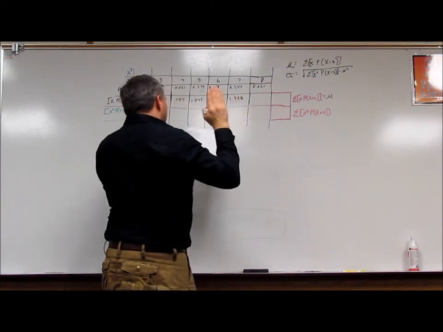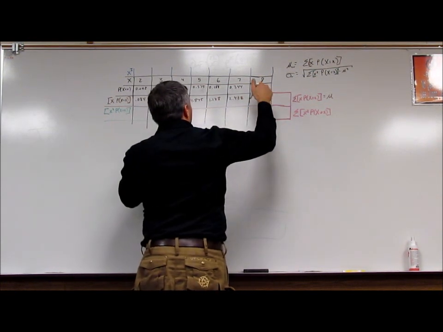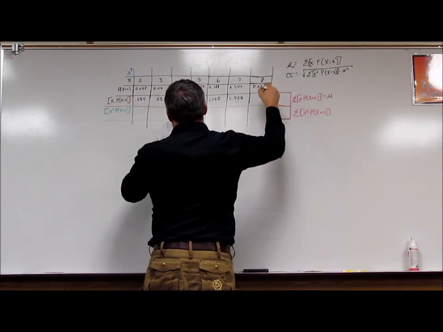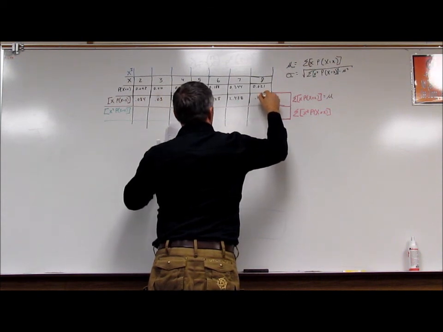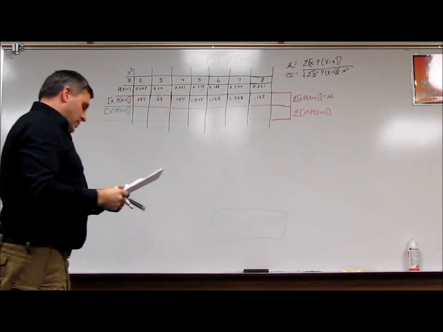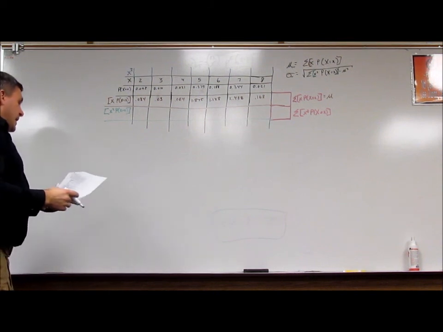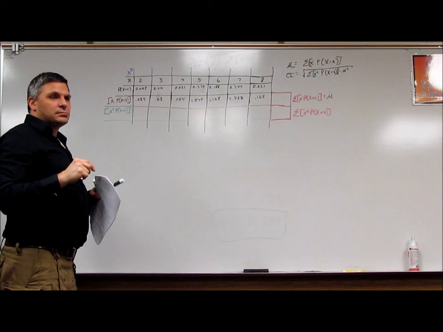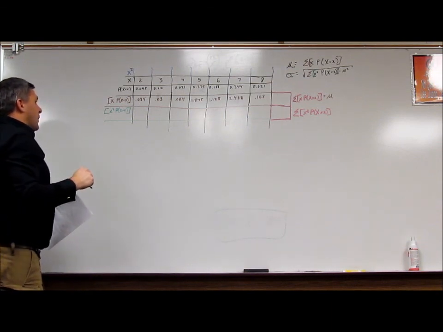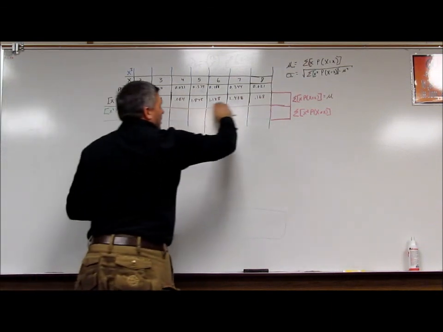And then 8 times 0.021 is going to give me 0.168. So that's giving me the x times the p of x. Okay? And now I can just add that all up.